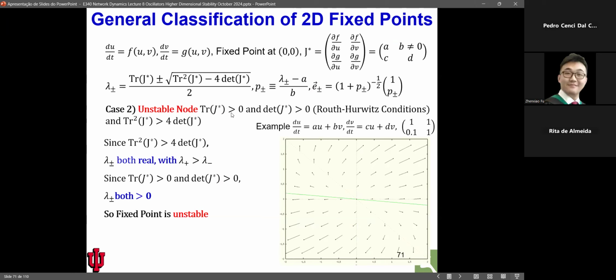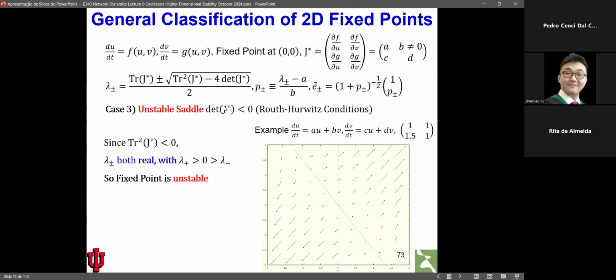So you have case 2, this was positive, and this was positive as it should. Then you have this determinant is less than 0. But if this determinant is less than 0, you're going to have a positive number here. Then both lambda are going to be real.